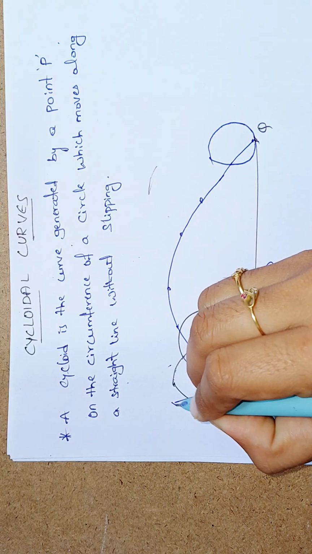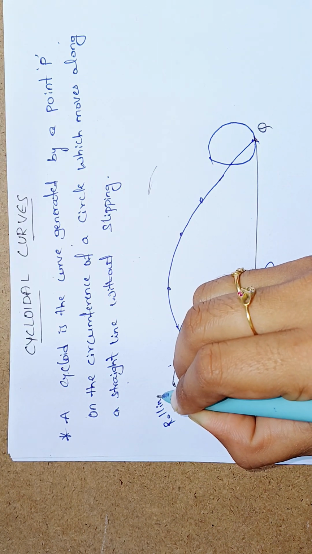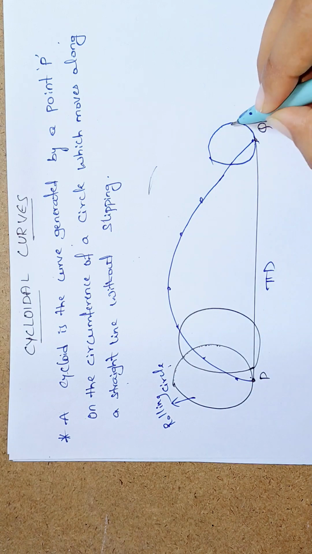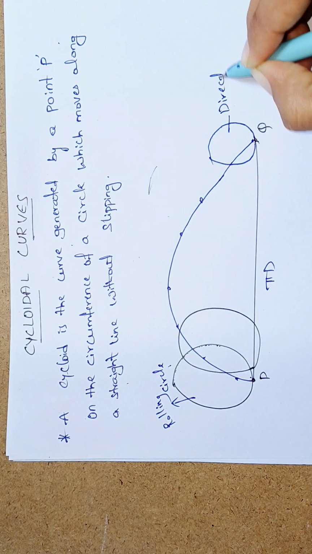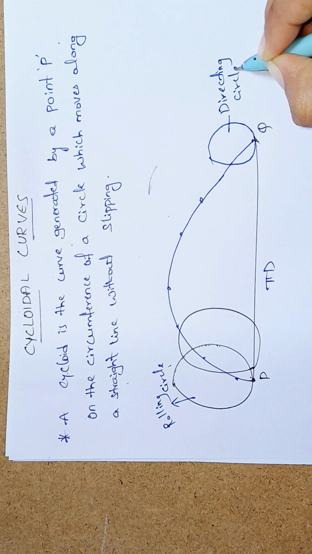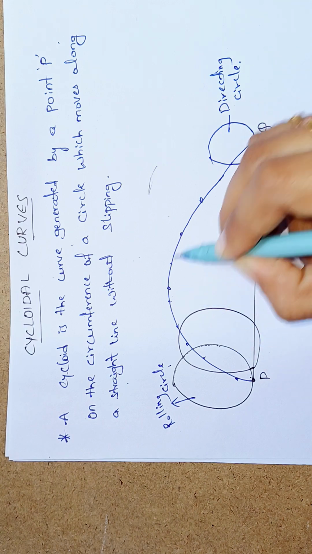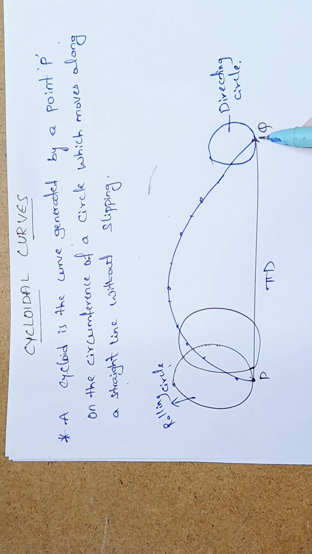This one is the rolling circle, and it moves along a straight line, that is P and Q. The formula is pi d, where pi is 22/7 and d is the rolling circle diameter, which is given in the question. So this is the cycloidal curve definition. Now we go directly to the question.